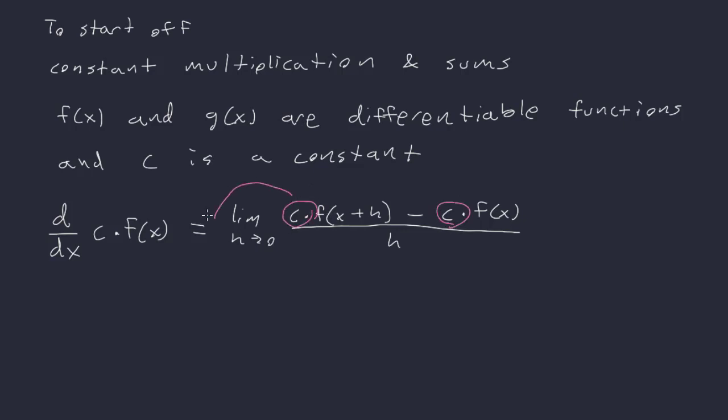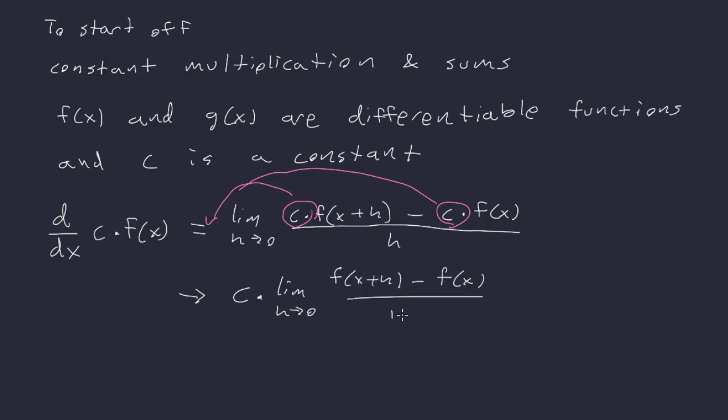We can factor this constant out, since the limit is not affecting the constant, it's just affecting the h. So we get c times the limit as h goes to 0 of f of x plus h minus f of x all over h. This is just the derivative of f of x. So that's going to be c times f prime of x.